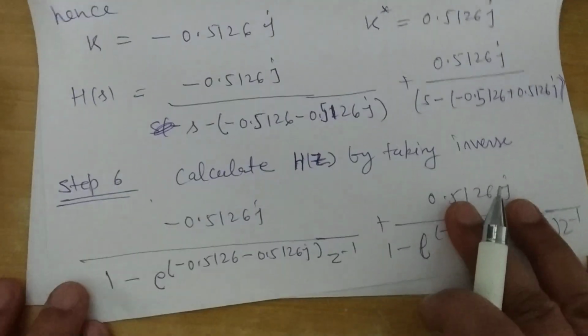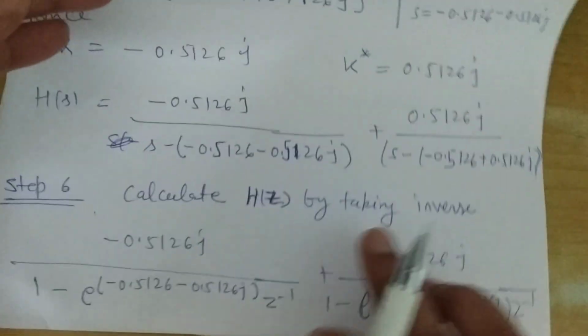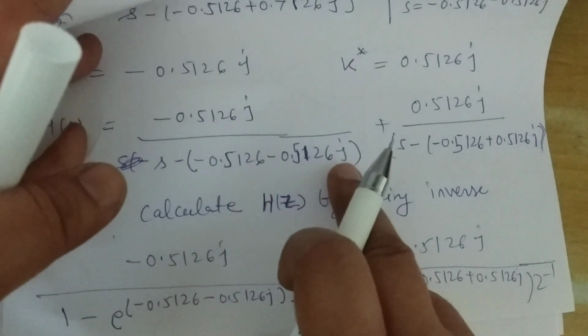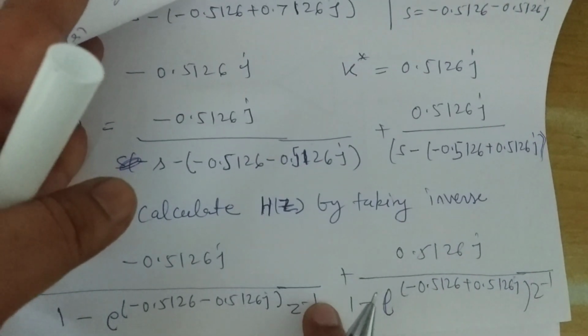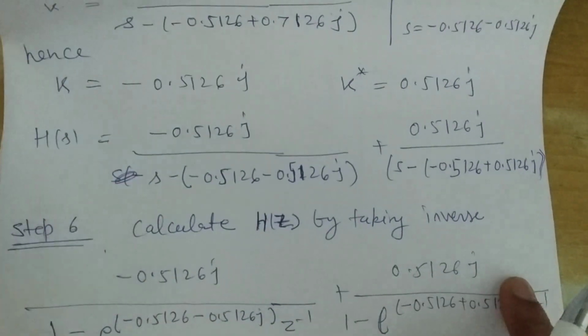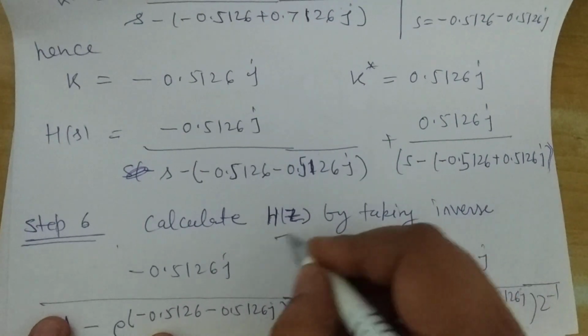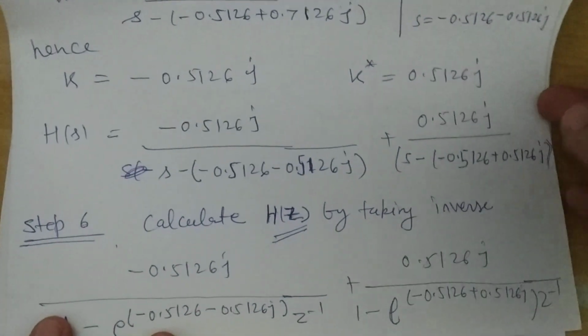So the desired transformation will be in this form. In this case, this is the root. We have expressed it, T is 1 second and z inverse is already in the formula. So this is the final answer, or the designed digital filter using the given specification.